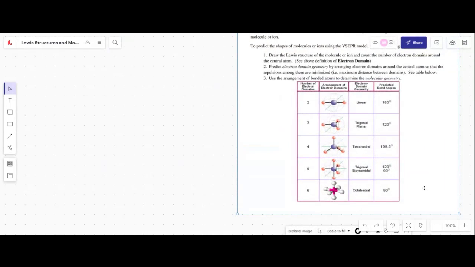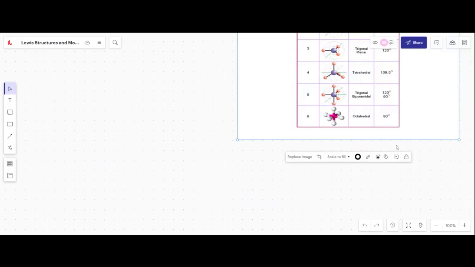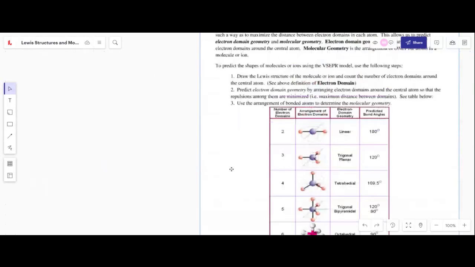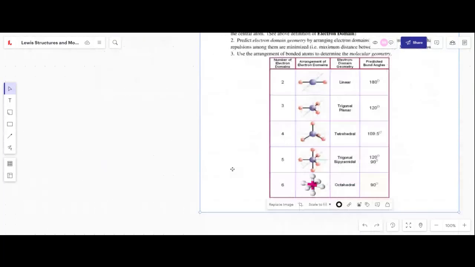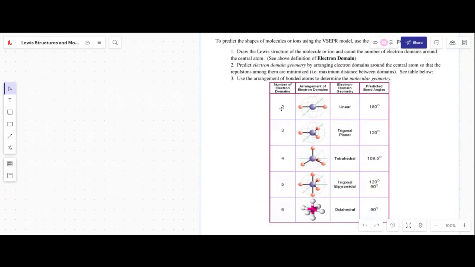Electrons are negatively charged, and negative charges repel one another, right? So if you look at this guide, it shows that if you have two electron domains, can you see where I'm pointing to now? I just imported a new file from the bottom. Can you see the little table with the images and the electron domains?